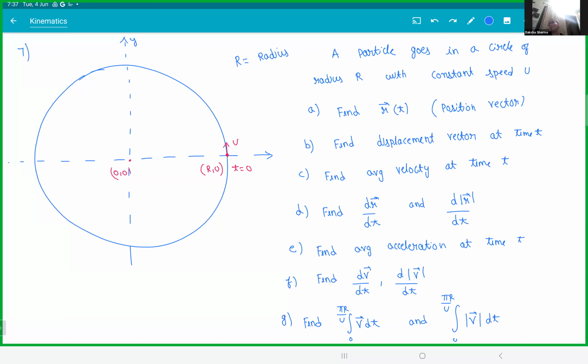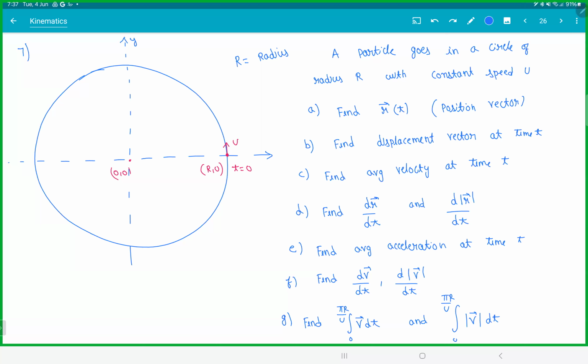Suppose we take a differential quantity, dA by dt, and multiply it by dt by dt, so it will be the same. In the numerator we get dA into dt upon dt square.